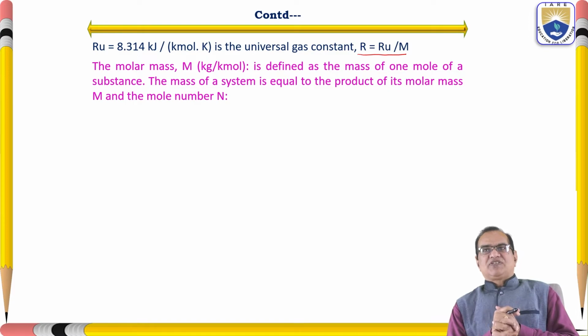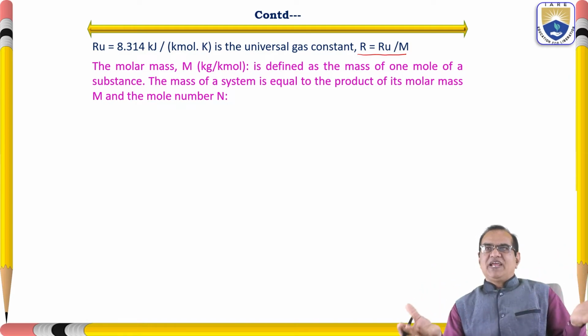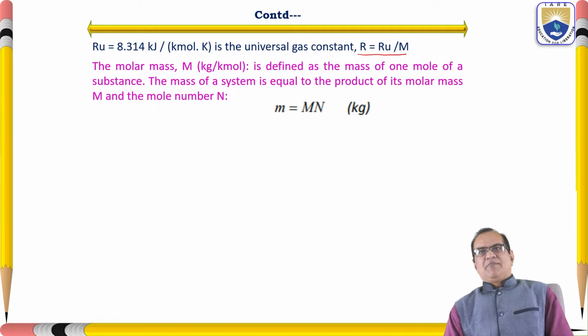The mass of a system is equal to the product of its molecular mass and the number of moles. So the number of moles, how many are there, multiplied by the molecular mass. This is called the mass of a system. So this mass, small m, is equal to molecular mass into number of moles.